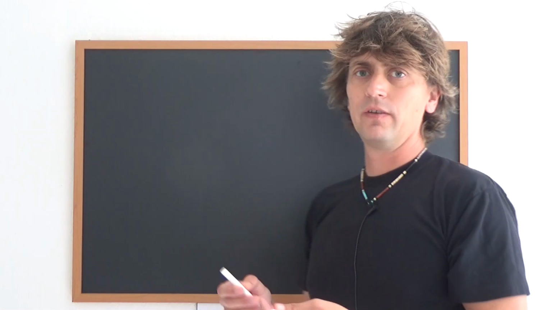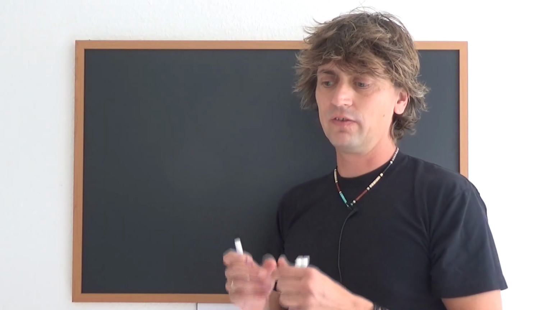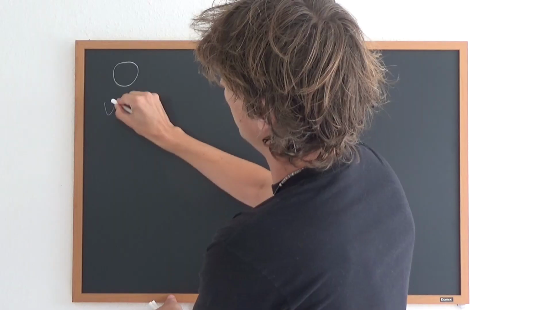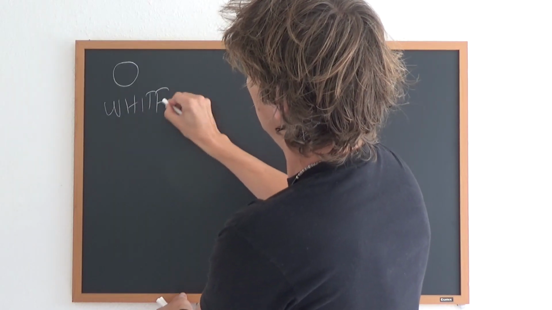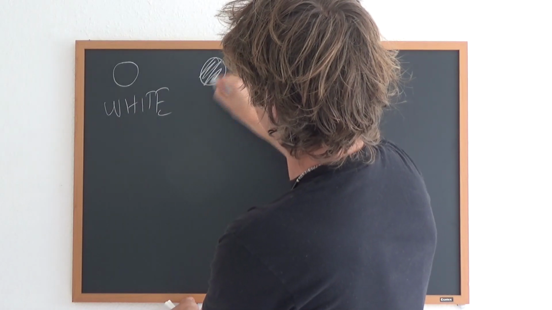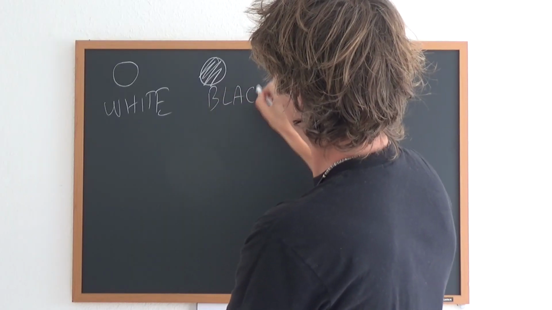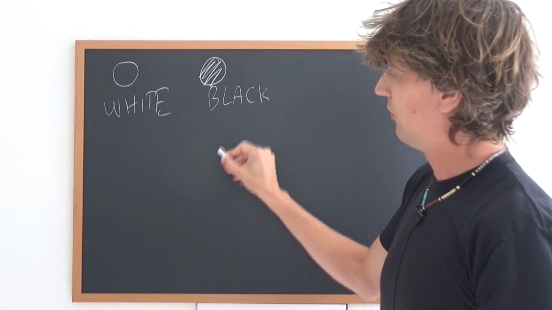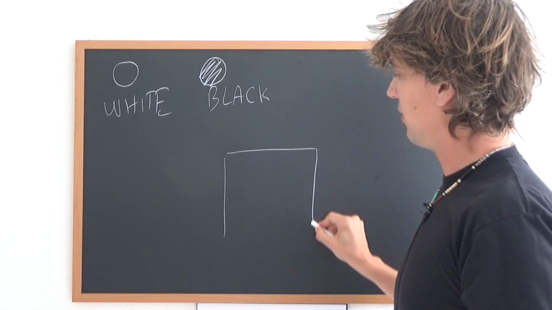So we have this ability to take this ball, and it can be either black or white. So this is going to be the white ball, and this is going to be the black ball. And we have many of these balls, but what we're going to do is drop them into a box.